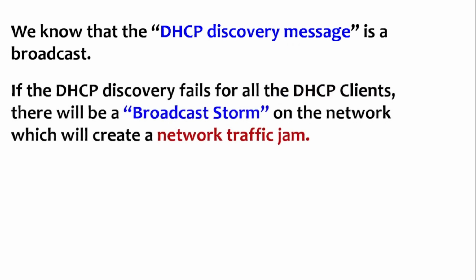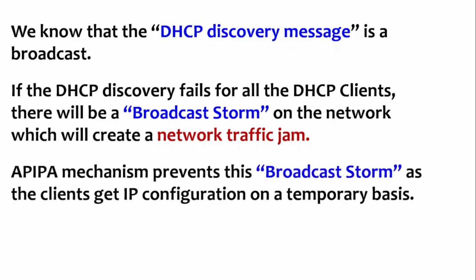So if DHCP discovery fails for all the clients, there will be a broadcast storm on the network, which will create a network jam and a bottleneck. The APIPA mechanism prevents this broadcast storm by assigning an IP configuration on a temporary basis.